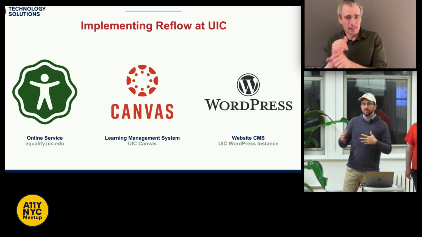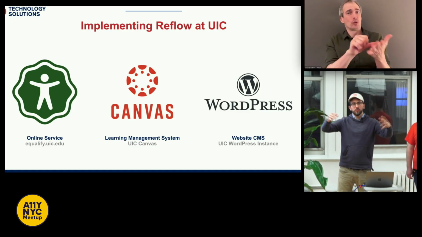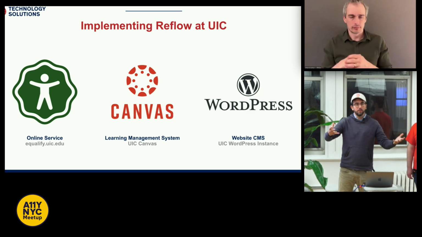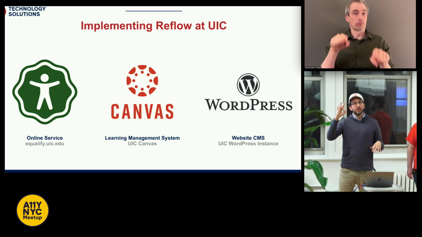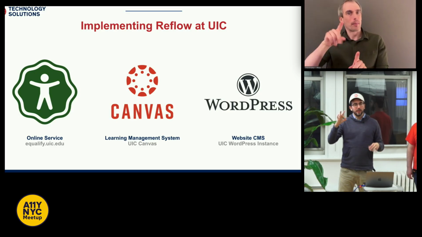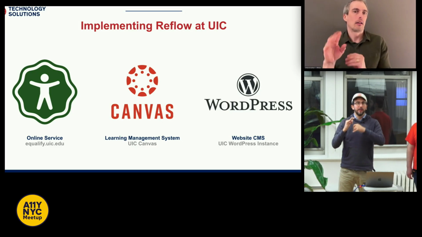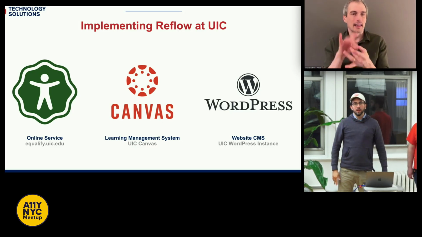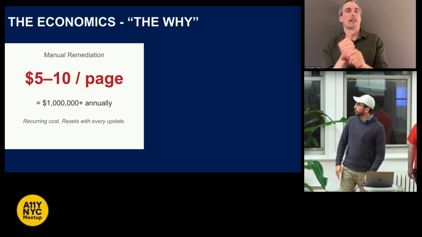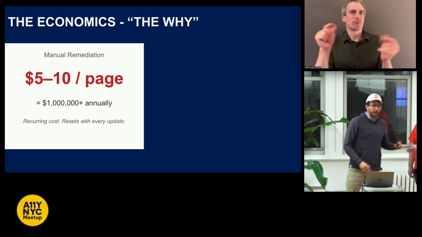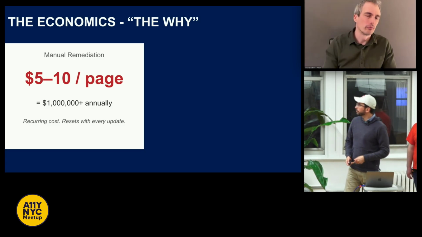With WordPress, similarly, when you have a post, Reflow can create posts out of PDFs, and it can also add a little bug near any PDF link that a screen reader user can click on and immediately get the accessible version from Reflow.